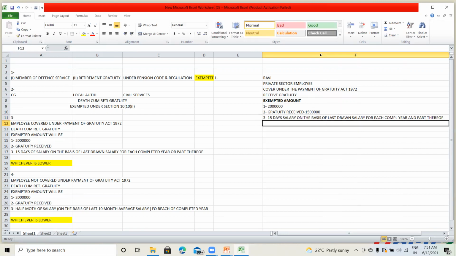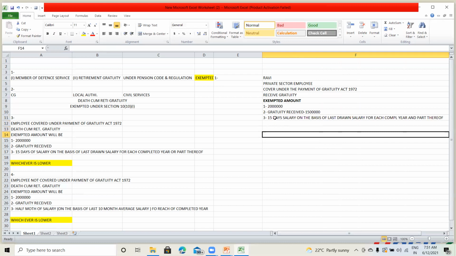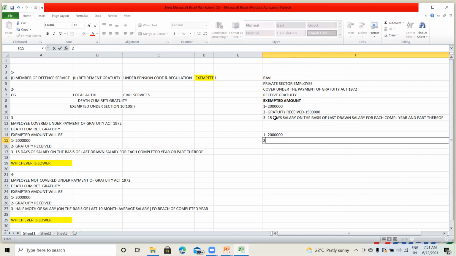So the exemption will be 20 lakh, 15 lakh, and 15 days salary.